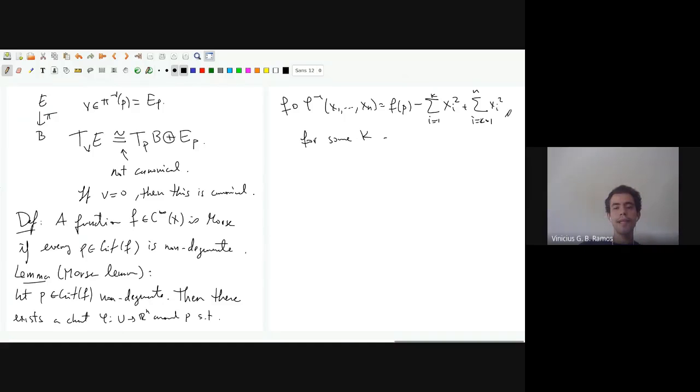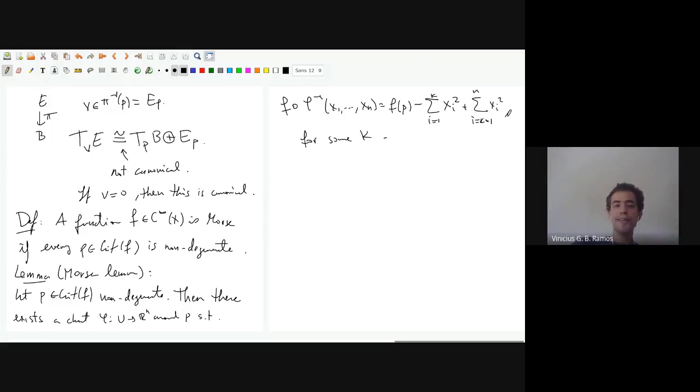Maybe this is not completely surprising, at least at a point. If you look in charts, the second derivative is invertible and symmetric, so it is diagonalizable. At least at a point, that's not so surprising.